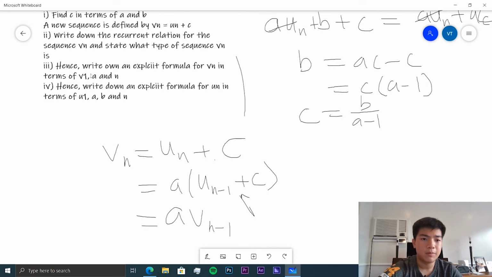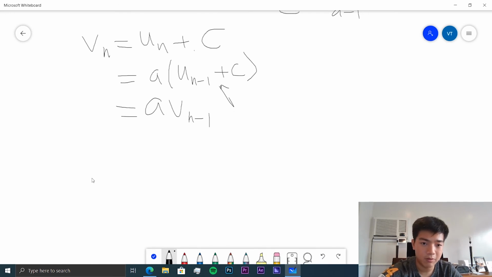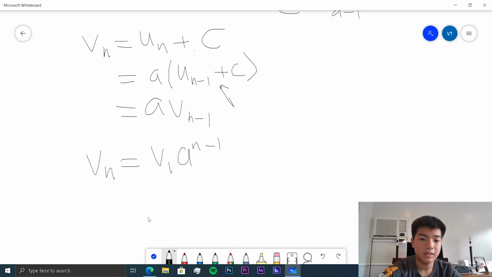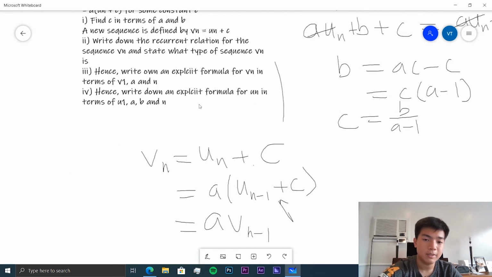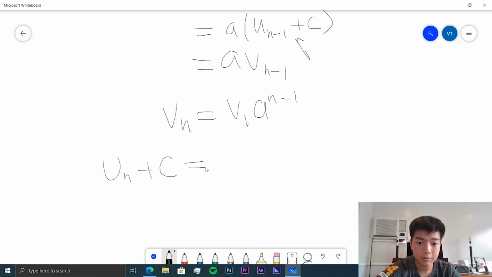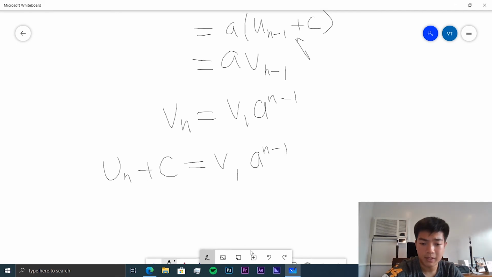So write down an explicit formula for v of n in terms of v1, a, and n. Of course, the explicit formula would be v of n is equal to v of 1 times a to the n minus 1, because that's a geometric formula. And so hence write down an explicit formula for u of n in terms of u1, a, b, and n. So we know u n plus c is equal to v1 times a to the n minus 1. And v of 1 is equal to u of 1 plus c.